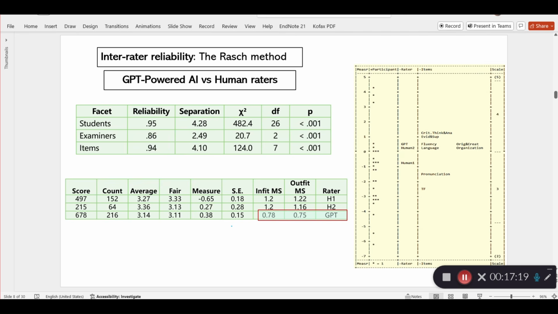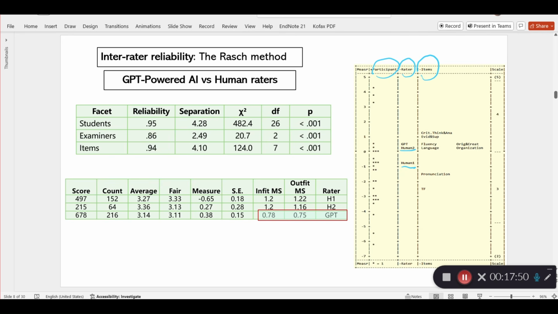For example, here we developed a GPT-powered AI and compared it with human raters, in this case two human raters, and we wanted to see how reliable the scores are. I don't want to go into too much detail here, just wanted to say that we have three facets: participants, raters, and items. If you're not familiar with facets and many-facet Rasch analysis, I suggest that you watch my previous videos. I have made quite several videos about this concept.